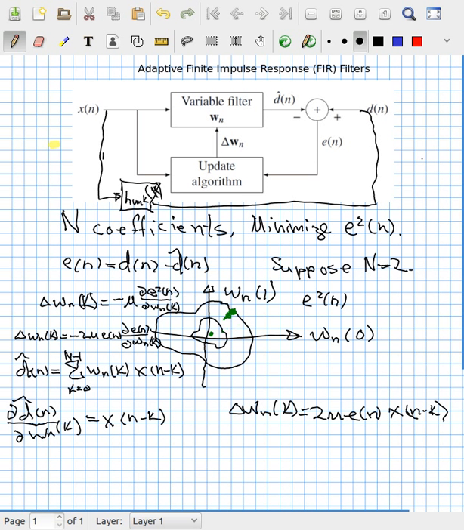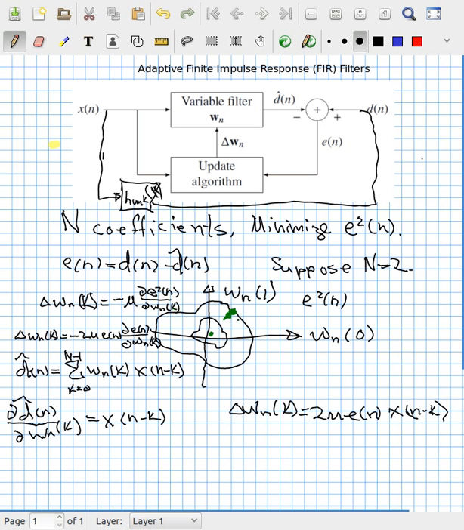So how do we write that mathematically? We'd say delta w sub n of k is equal to negative. I want minus the gradient because I want to go toward the minimum. So I put a negative sign here, and then I put mu, that's my step size. Then I want to take a derivative of the function e squared of n with respect to w sub n of k.